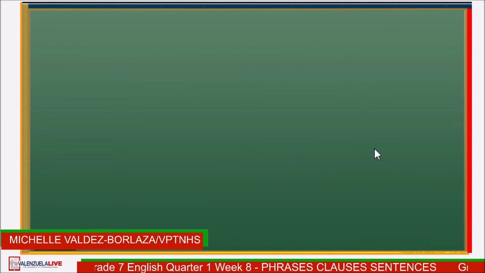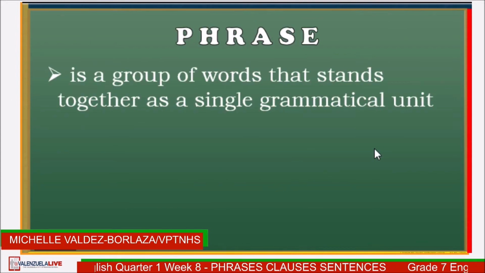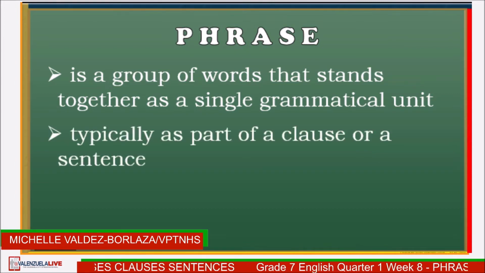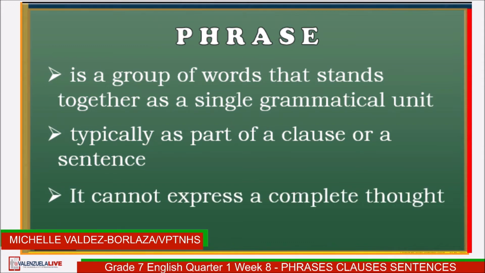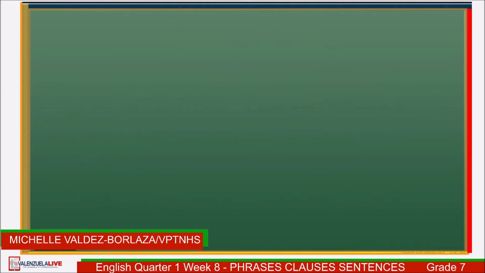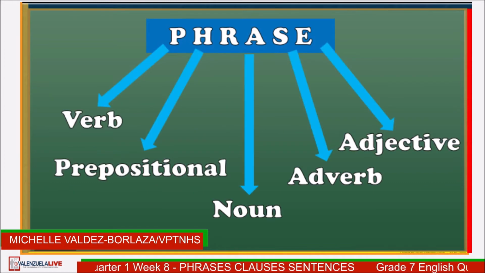A phrase is a group of words that stands together as a single grammatical unit, typically as part of a clause or a sentence. It cannot convey a complete thought. A phrase may be used in a sentence as a verb phrase, prepositional phrase, noun phrase, adverb phrase, or adjective phrase.